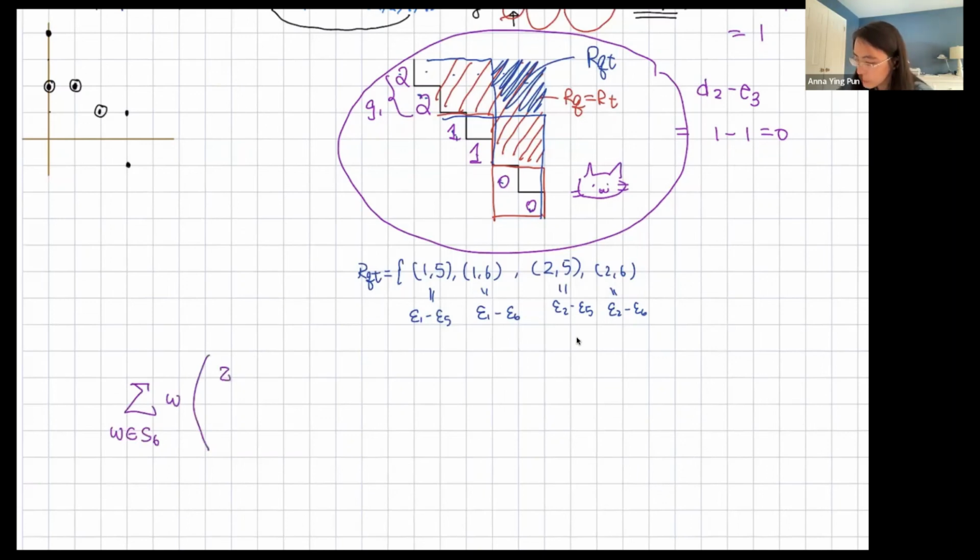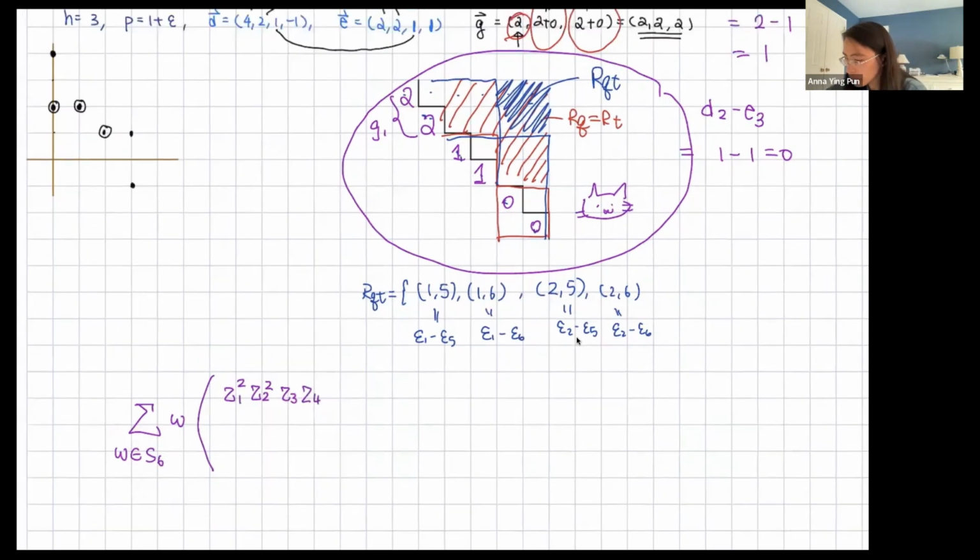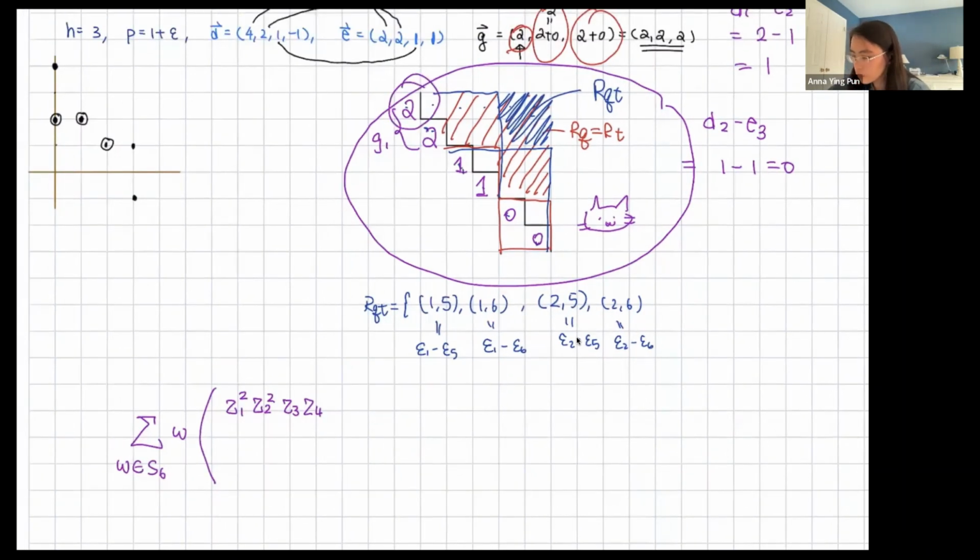So how many C1 are there? We have C1 squared, C2 squared, C3, and C4. Why is that? Because you have 2 1's, 2 2's, 1 3, and 1 4, no 5, no 6. So that is what it is for the Z to the power lambda.